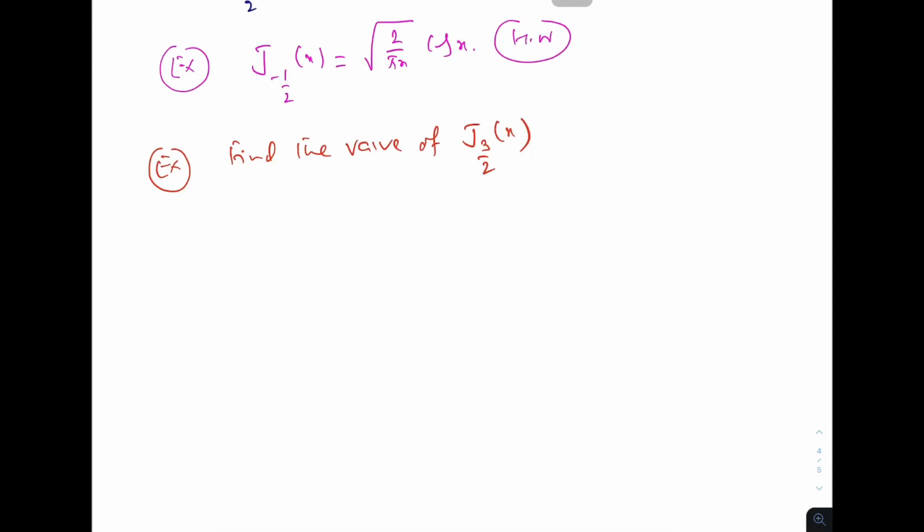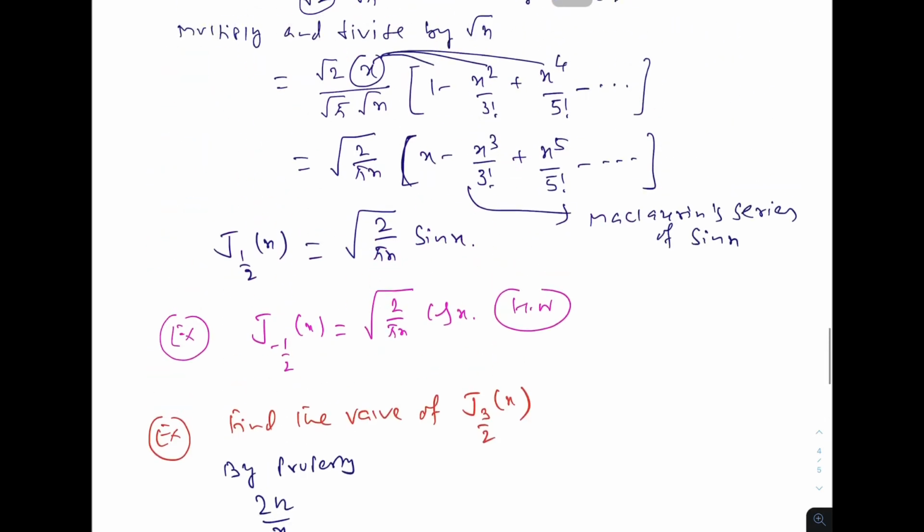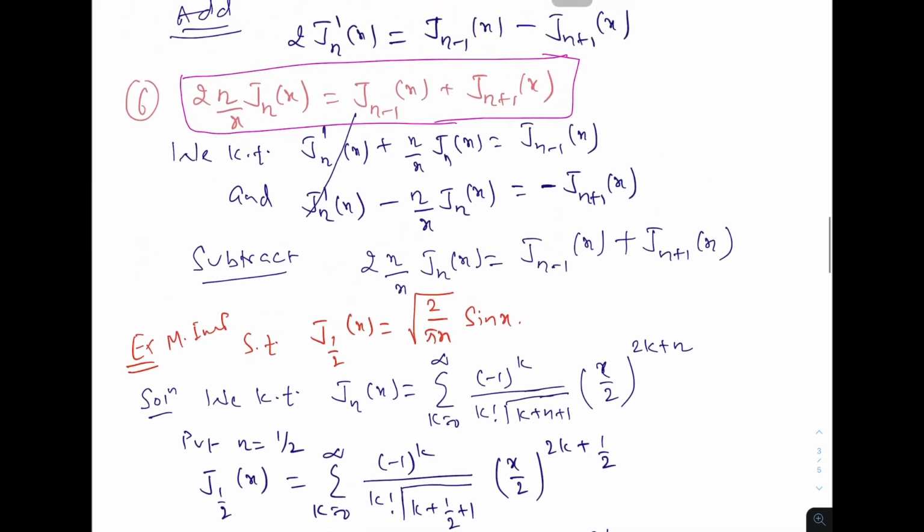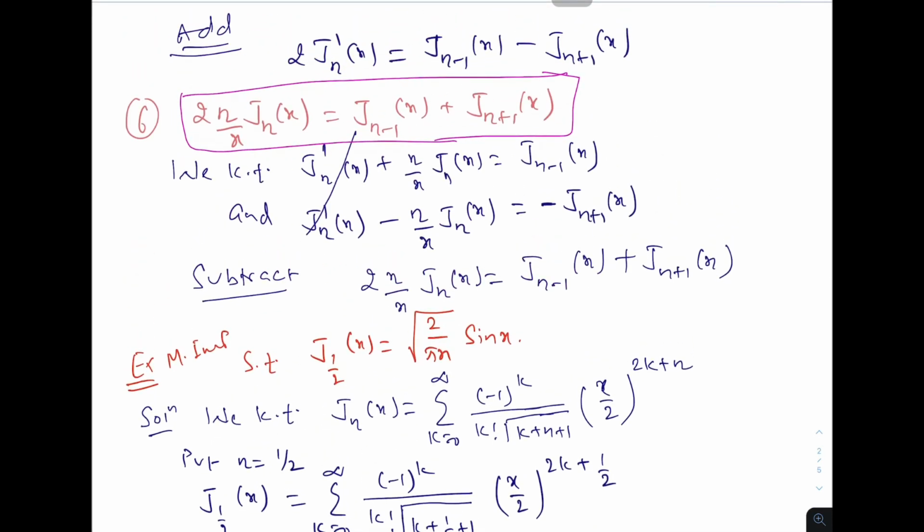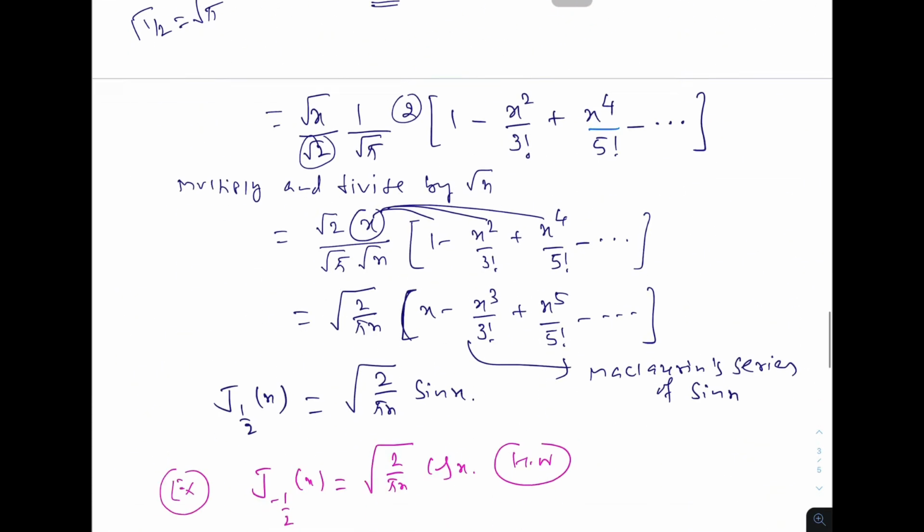Now see, here we use one property that we have already proved: 2n by x jn x is equal to jn plus 1 x plus jn minus 1 x.